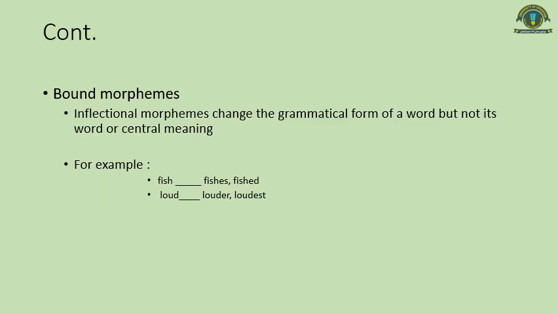Now we continue with the bound morphemes. Another category or type of bound morphemes, in addition to derivational morphemes, is the inflectional morphemes. What do we mean by inflectional morphemes? They change the grammatical form of a word but not its word class or central meaning. It changes only the grammatical form of the word, but it doesn't change the word class or the meaning.